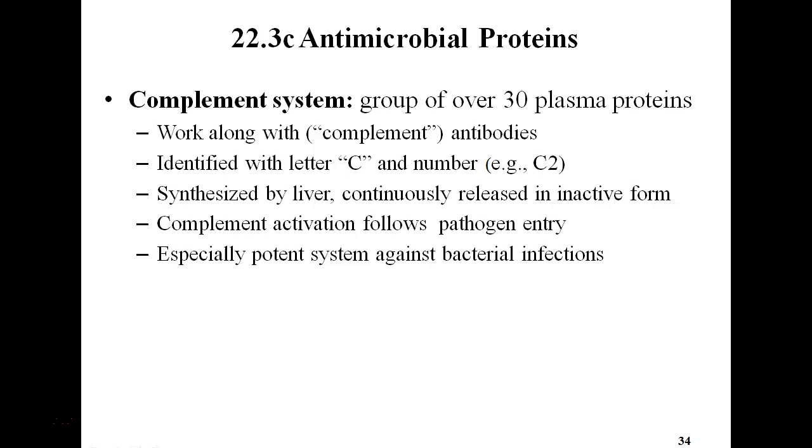The classical pathway requires activation by an antibody that's bound to the foreign substance, whereas the alternative pathway is activated without an antibody. The complement system carries out a few processes: opsonization, inflammation, cytolysis, and elimination of immune complexes. Let's take a little bit closer look at some of these processes.